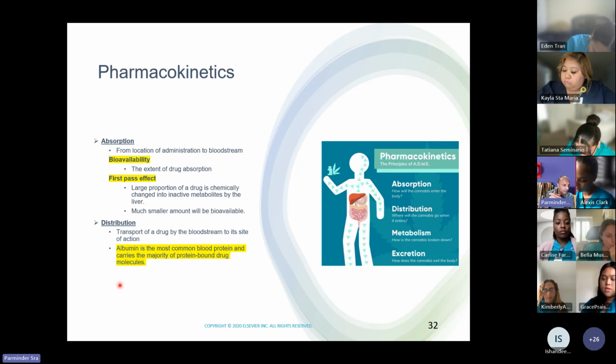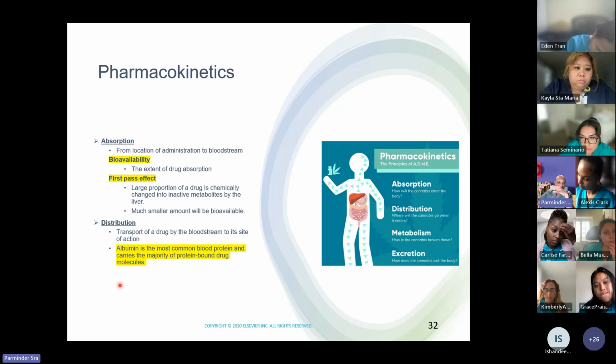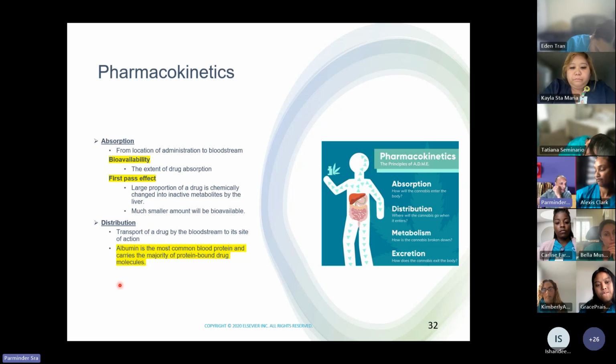If somebody has a strong bond, are they more bonded or more free? More bonded and less free, correct? When a drug is highly protein bound, it has a strong bond with albumin, meaning more drug is bound with albumin. Albumin is holding them, leaving less free drug.